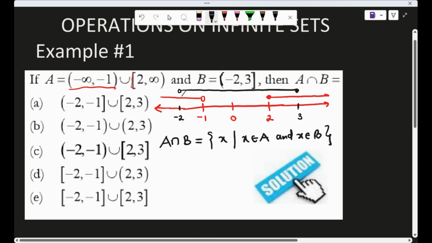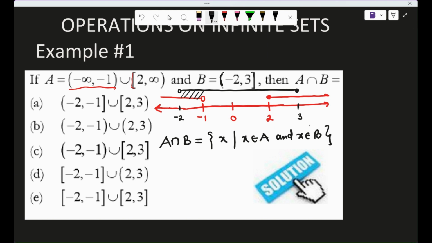So if you look, you have this one here, the red and the black region. So this is also a common region. So we have two regions that are common to the red and the black pen. So this will give us our intersection.